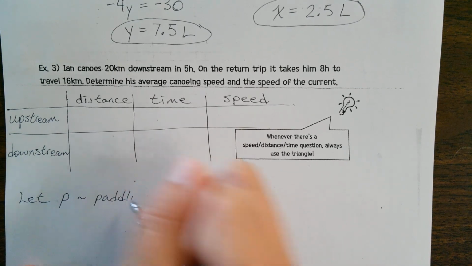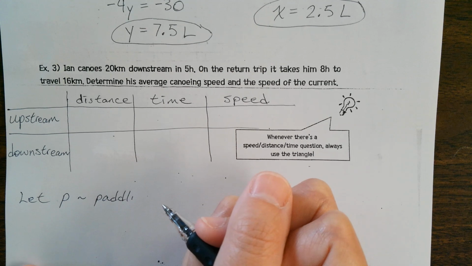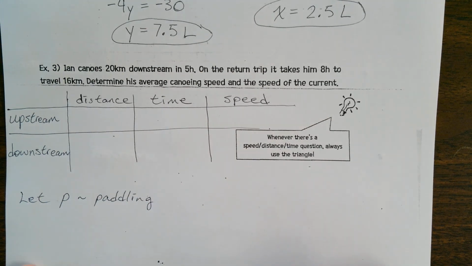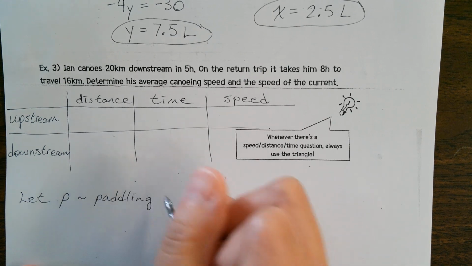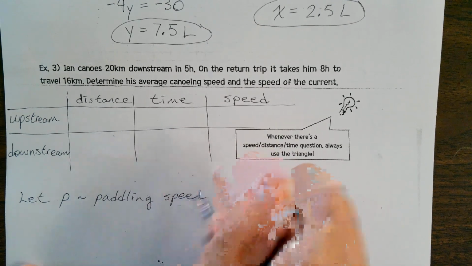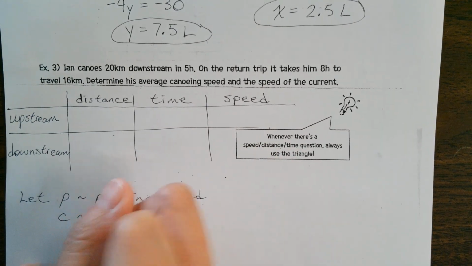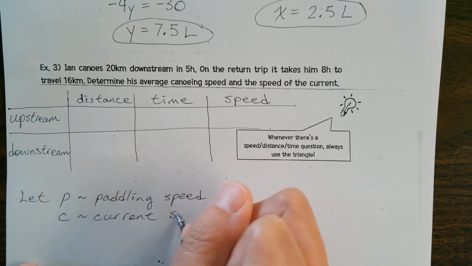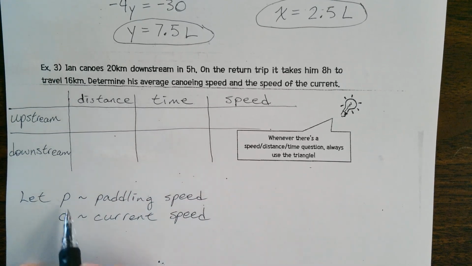Paddling. Let P represent paddling speed and let C represent current speed. You can see why I used P: canoeing and current would both be C.